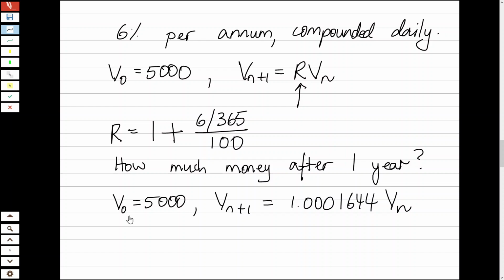Okay, we're nearly there. So that's the recurrence relation once you substitute 6 and 365 into capital R. Now my next question is, I want the amount after 1 year. So what value of n should I use here? 365, because I didn't say this explicitly, but here n is representing days, not years or months. Okay, so to get the amount after 1 year, I need to find V365.